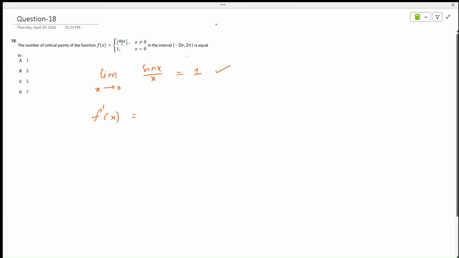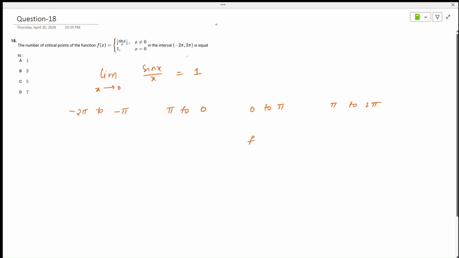So there is a condition here, which is we will divide this interval minus 2 pi to 2 pi into 4 different intervals. First minus 2 pi to minus pi, then minus pi to 0, then 0 to pi, and pi to 2 pi. So from 0 to pi, we know that sin is positive and x is also positive.